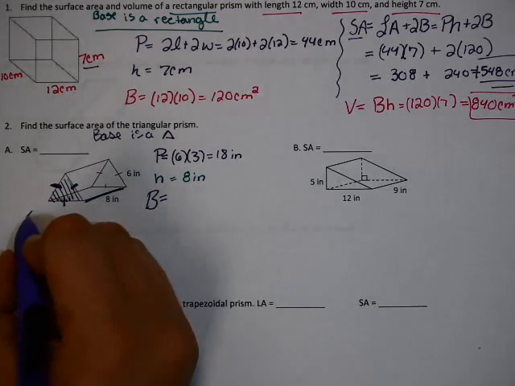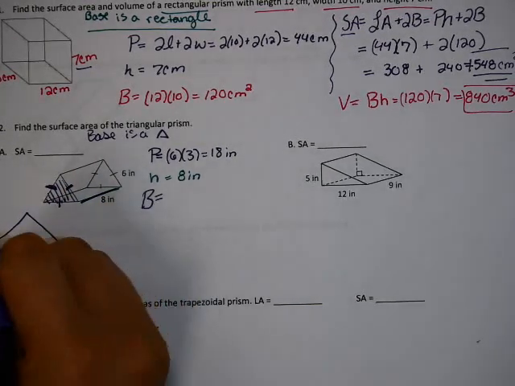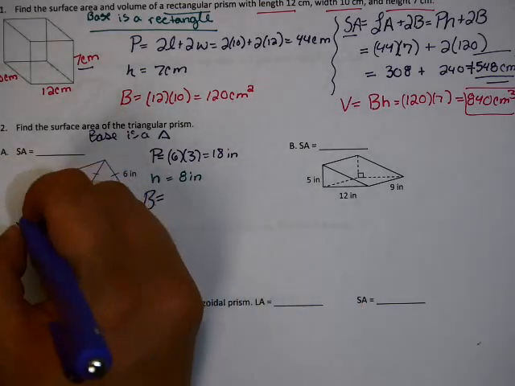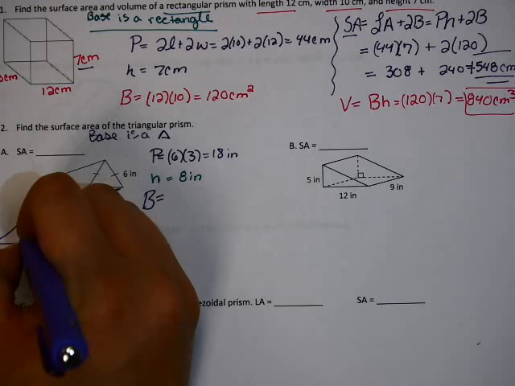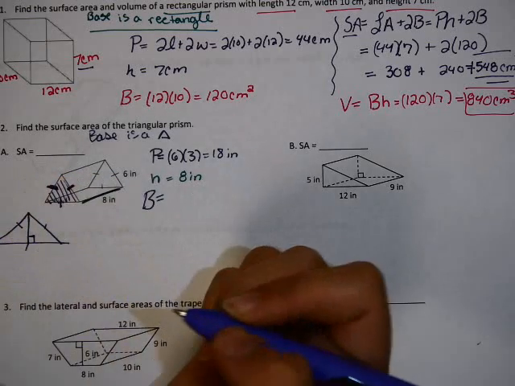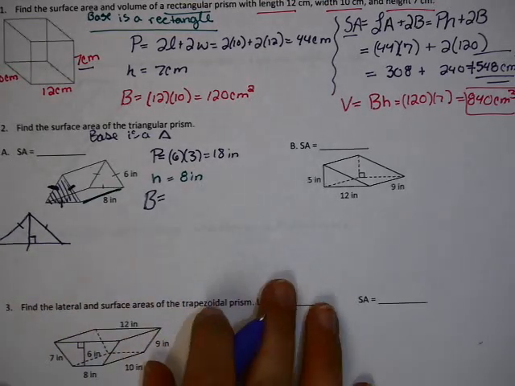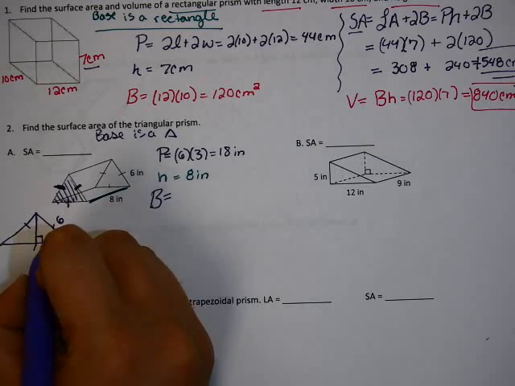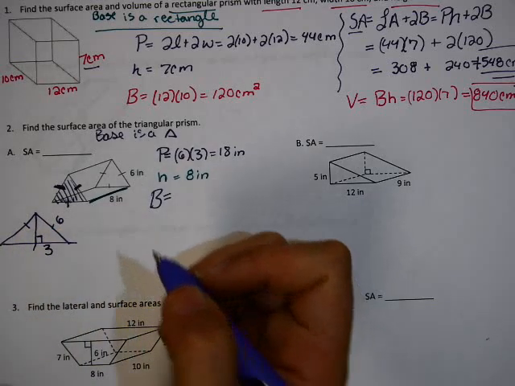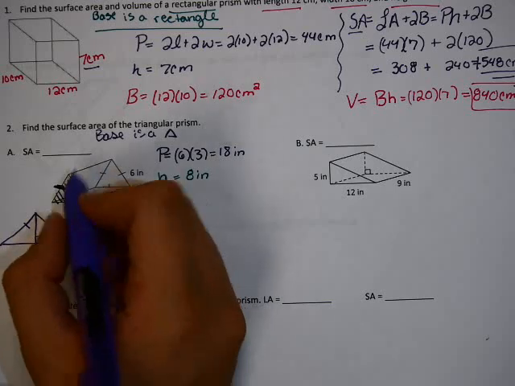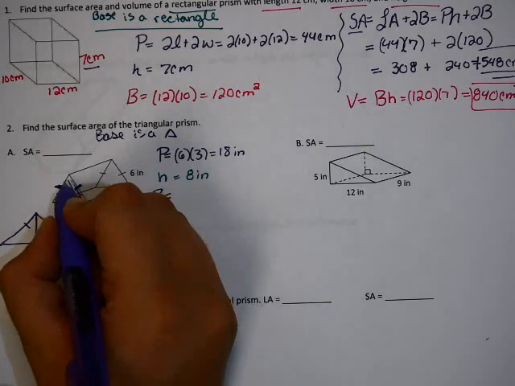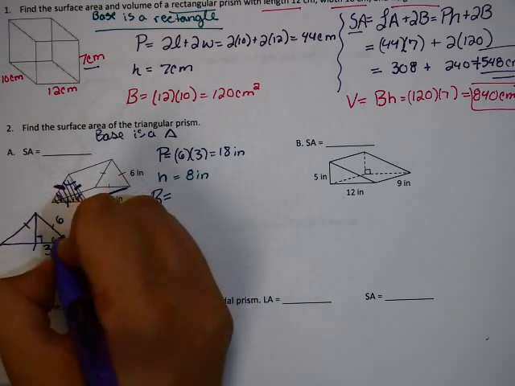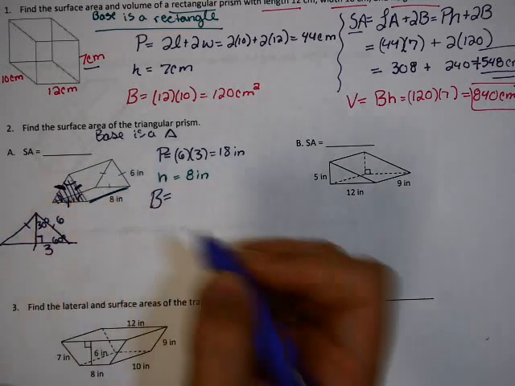Okay, so I'm going to redraw this triangle a little bit so I can mark it. So I know it's an equilateral triangle. I do need to find the height of this triangle in order to find the area, right? So if this is 6 and I break this down, this would be 3. Now remember, all equilateral triangles have congruent angles, so this would be 60, which makes this a 30, 60, 90 triangle.